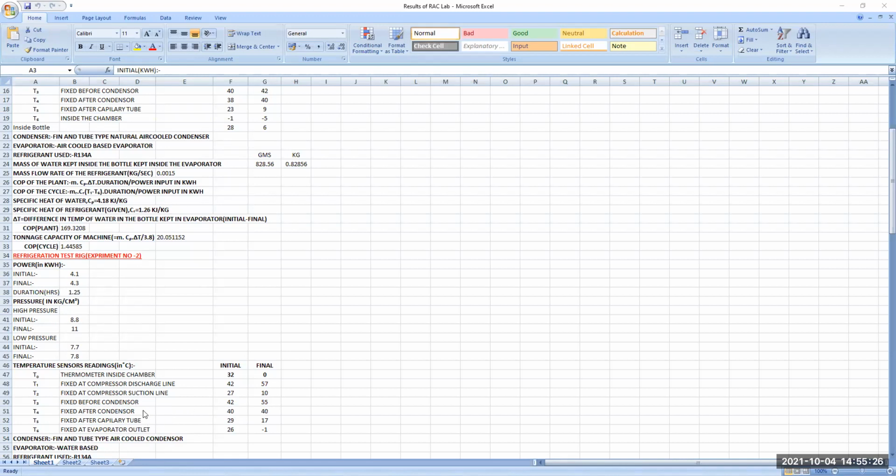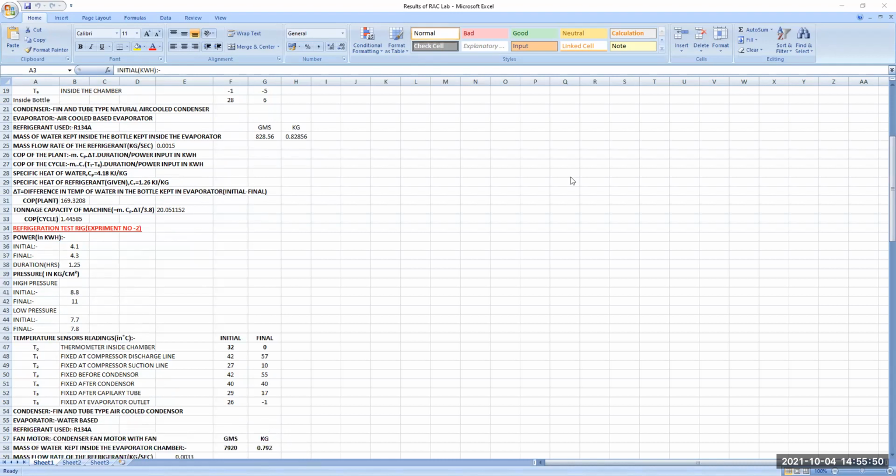The temperature after the condenser was initially 42 and remains 40. The temperature after the capillary tube, meaning after the expansion, is 29 initially and finally 17. And at the evaporator outlet it is 20, then 8 degrees, and finally minus 1 degree centigrade.